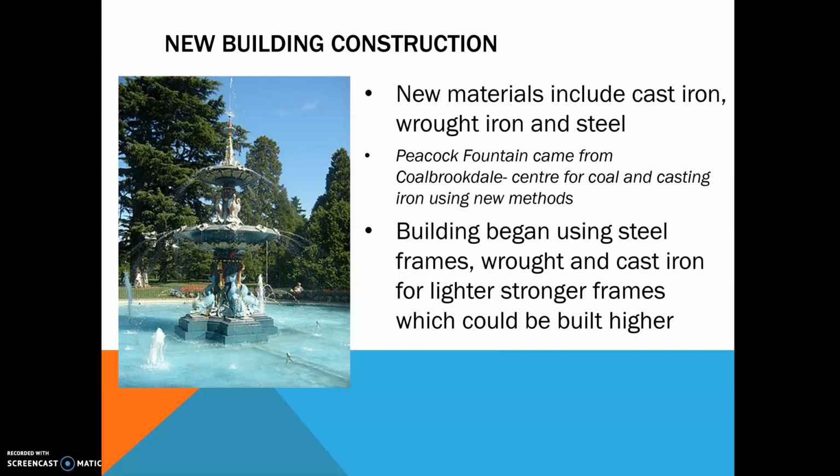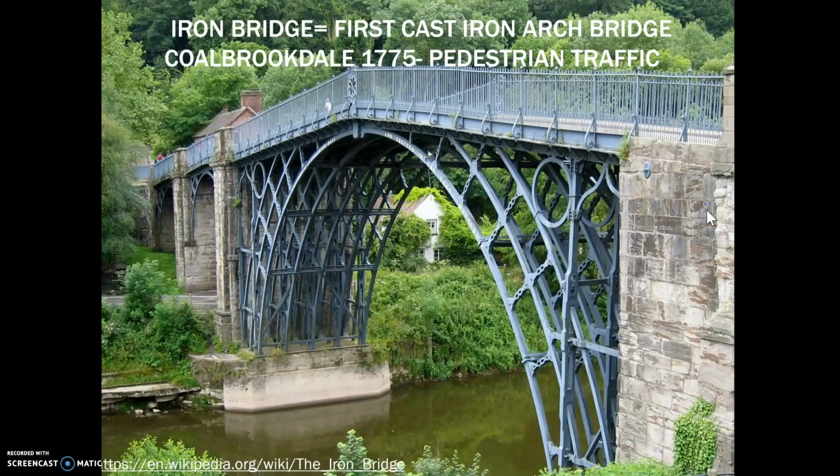It's cast iron in sections of it, not all of it. And so, this is a very elaborate Victorian design. Once you can start using cast iron, wrought iron, or steel, you can build larger frames that can go higher and stronger. So that offers all sorts of potential.